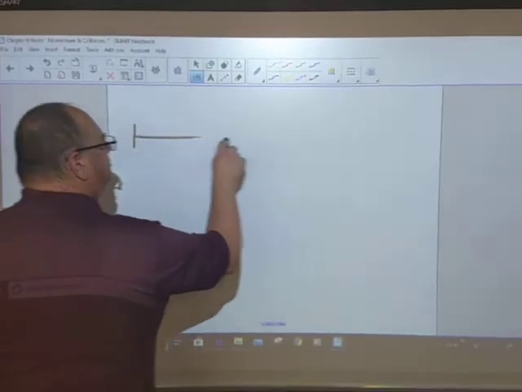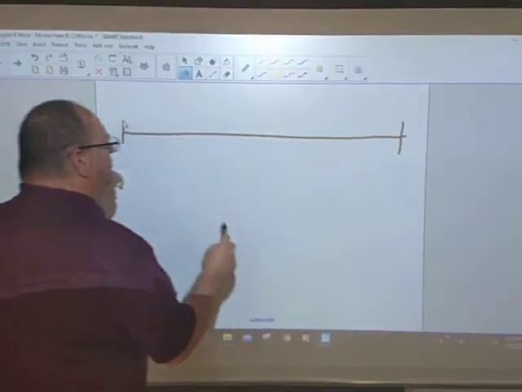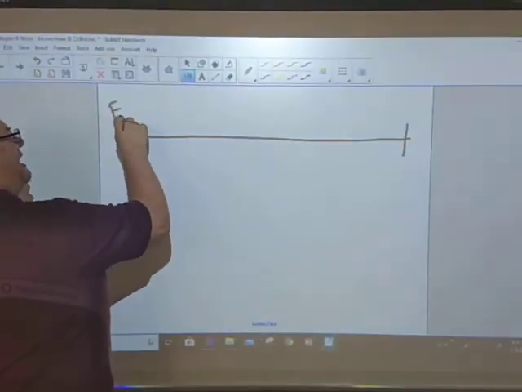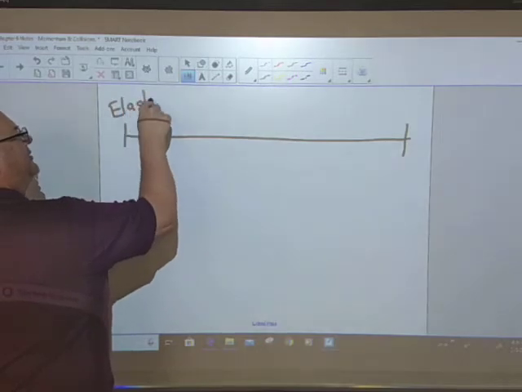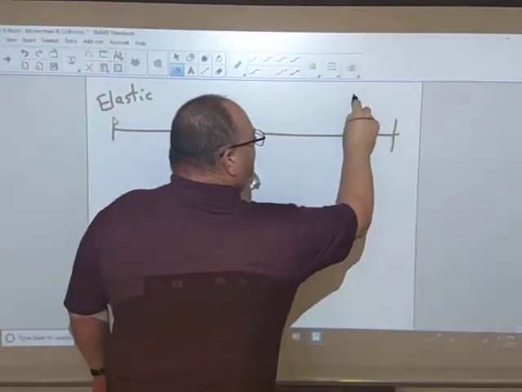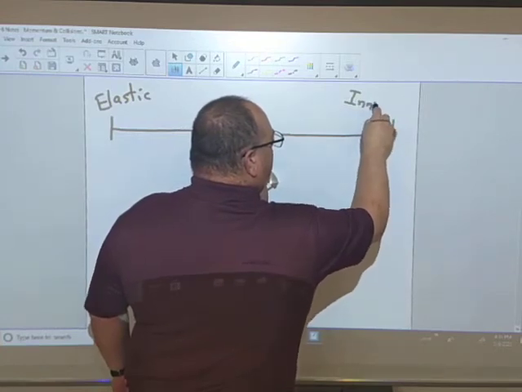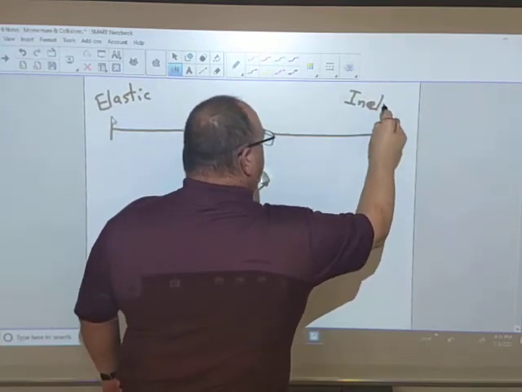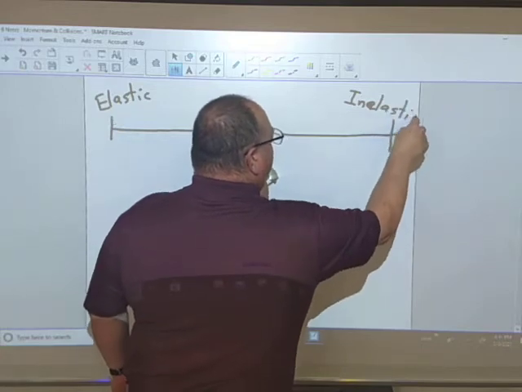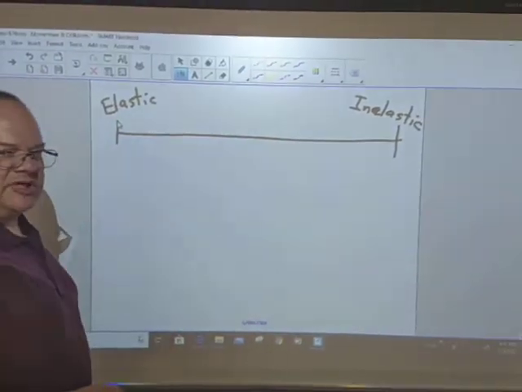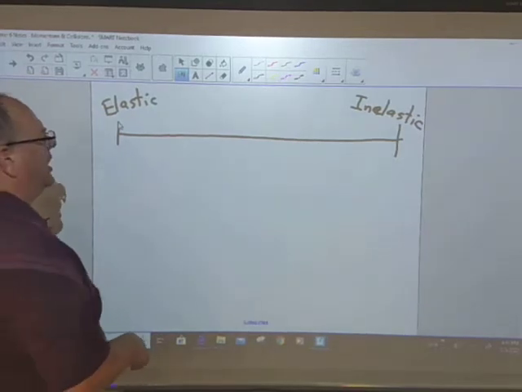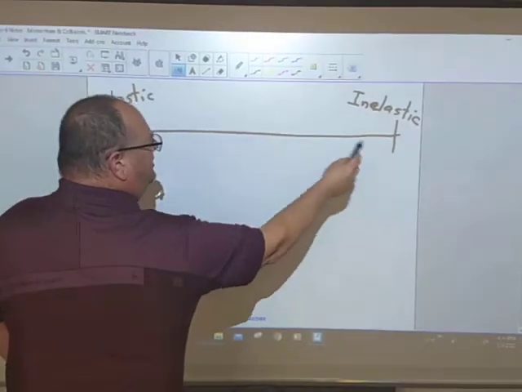So let's say I've got a continuum, and over on this side I have elastic, and over on this side I have inelastic. And we have everything in the middle, right?